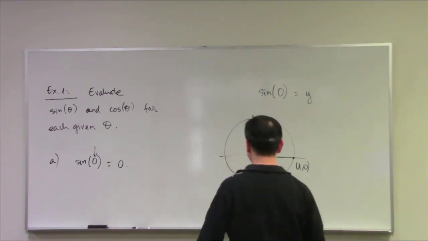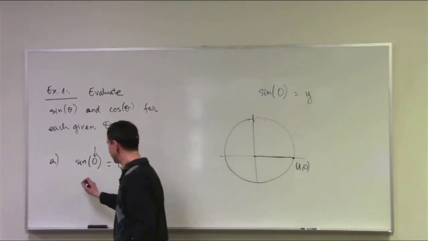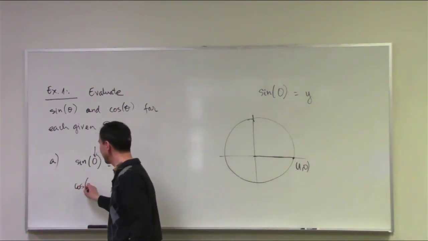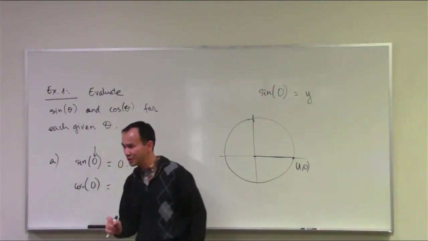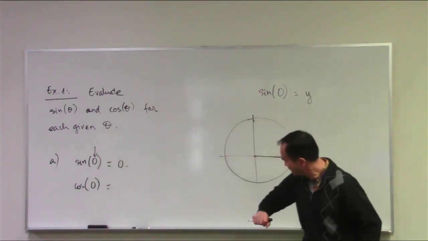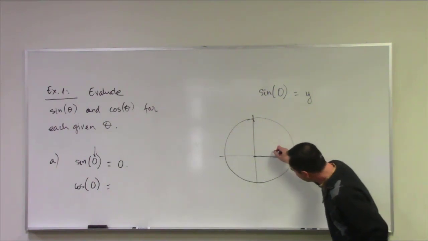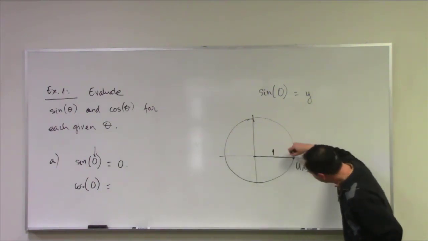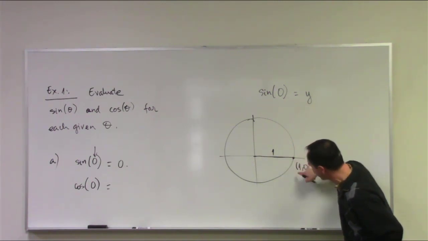And so just like that, still in part A, why don't you think about cosine of the same angle? The same angle is 0. What's cosine? Where's your terminal point on this unit circle? Radius 1, the point is still here, and you already gave me the coordinates of the terminal point.